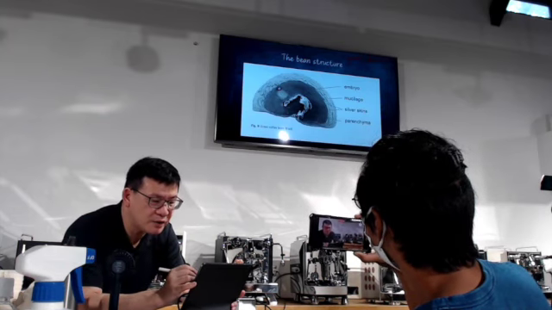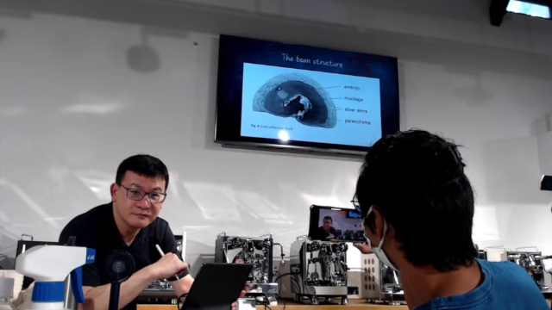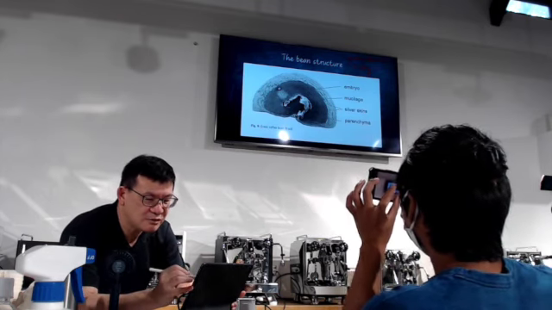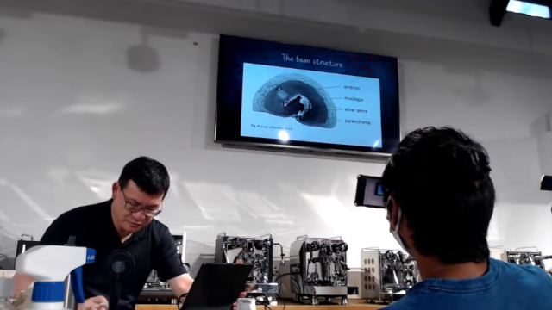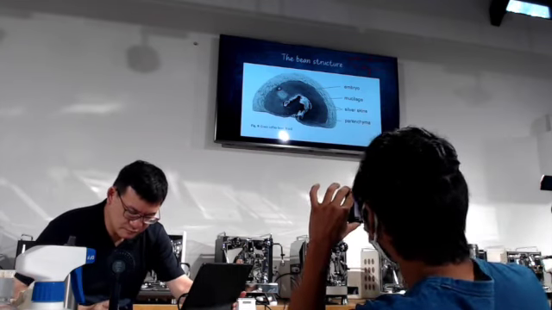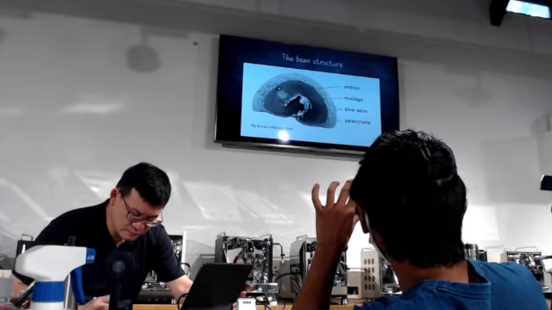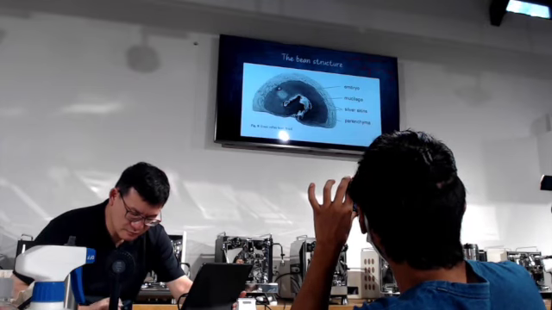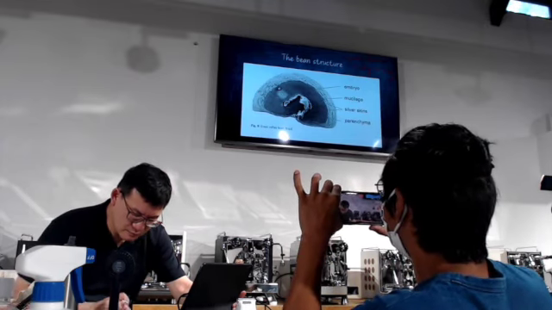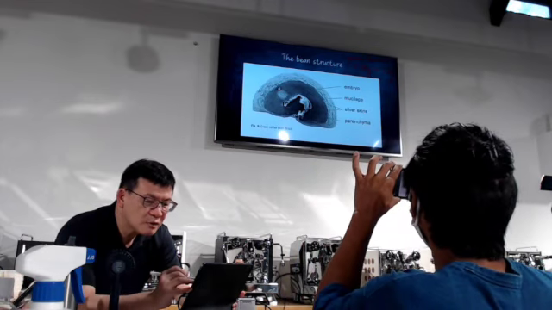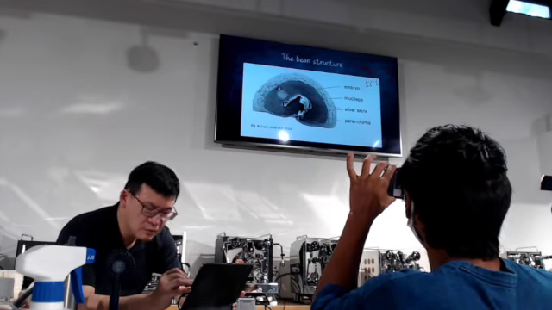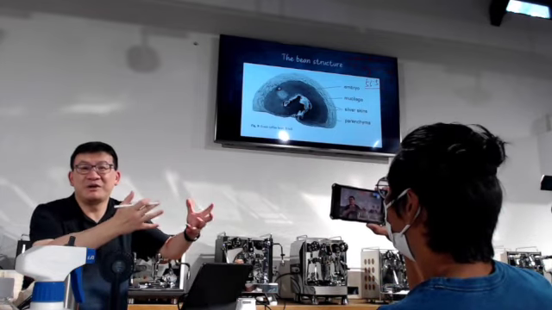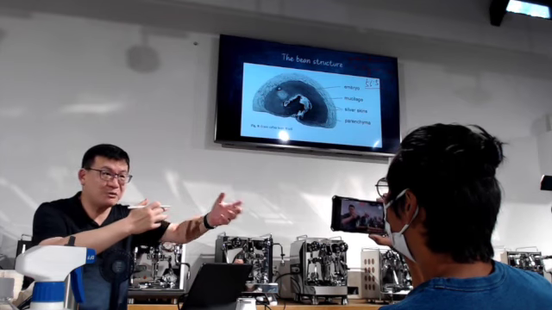Okay. One coffee bean, usually 0.18 gram. Okay? You roast 1 kilo. How many beans? About 5,000 beans in the roasting machine.